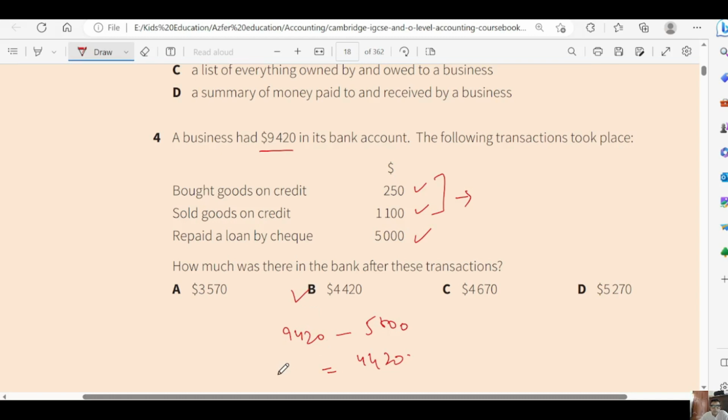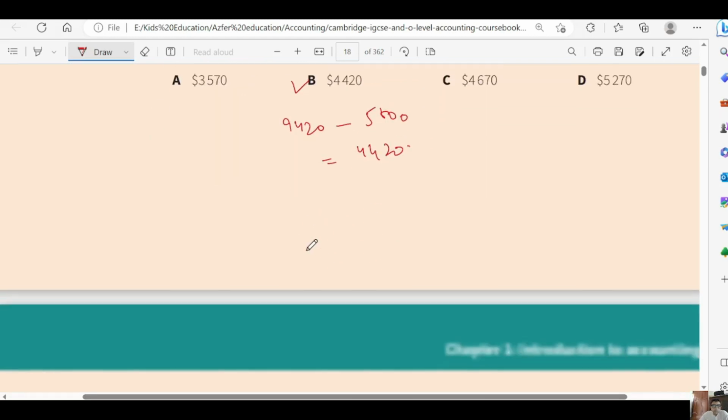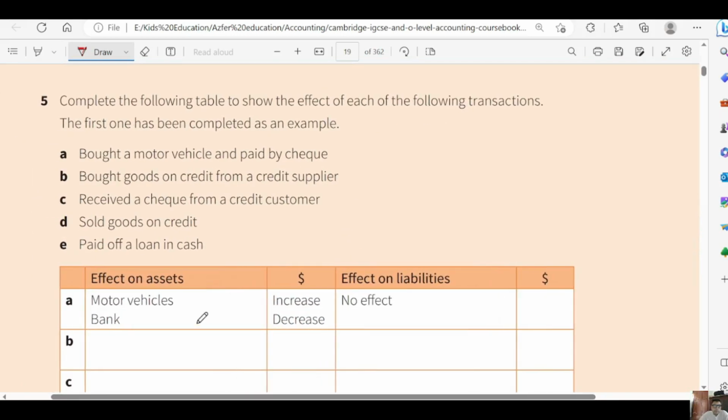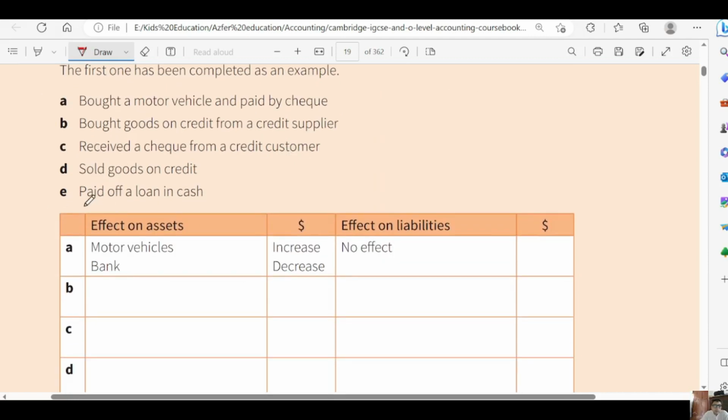And the next is question 5. Complete the following table to show the effect of each of the following transactions. The first one has been completed as an example. Okay, bought a motor vehicle and paid by check. Effect on assets, effect on liabilities.